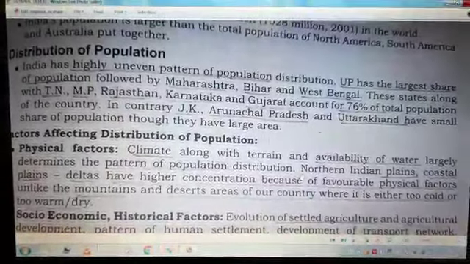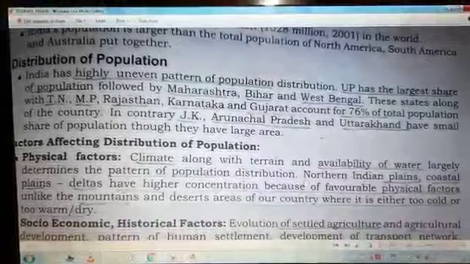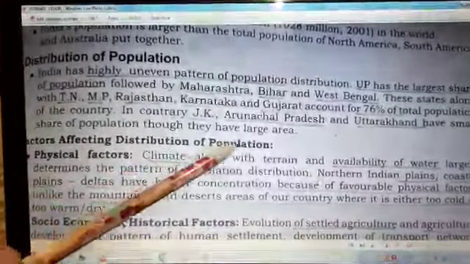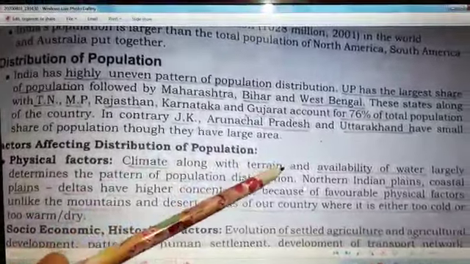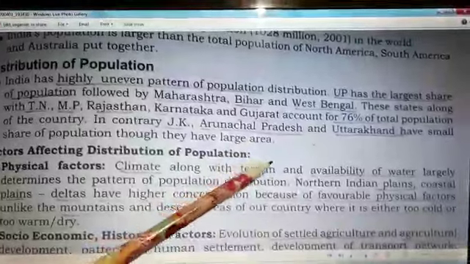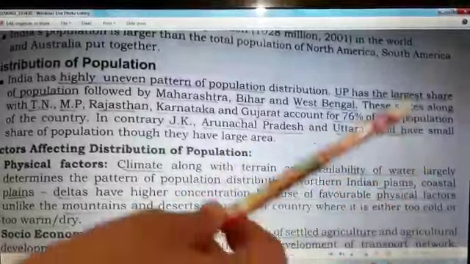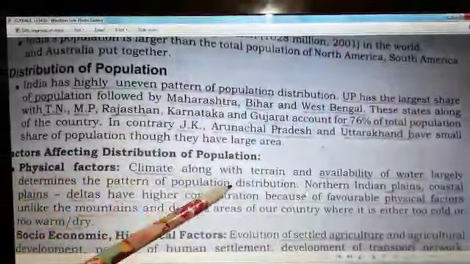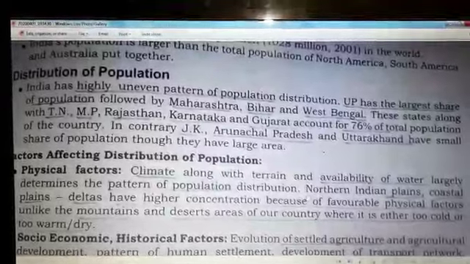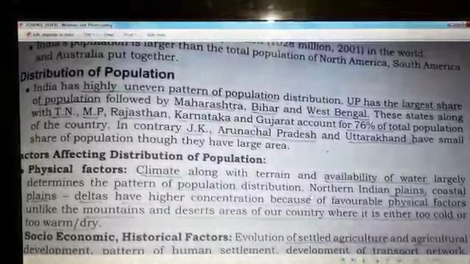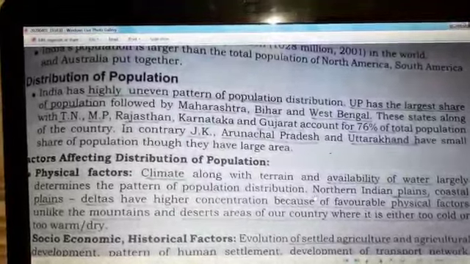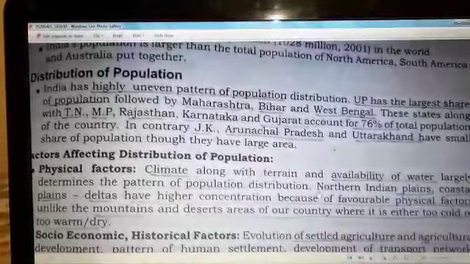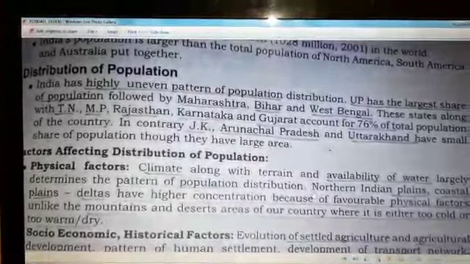Climate along with the terrain, means the surface, and availability of water largely determine the pattern of population. For a particular area, what is the climate? Is it very hot or very cold? And the availability of water, right? This decides the pattern of population distribution.